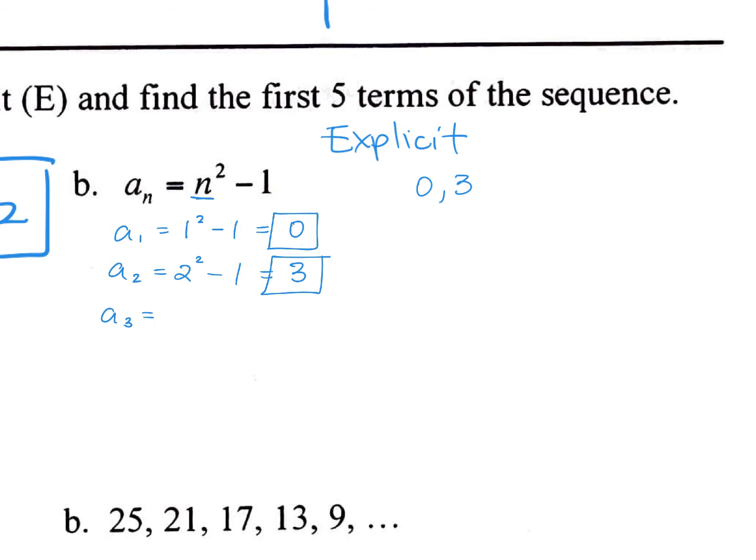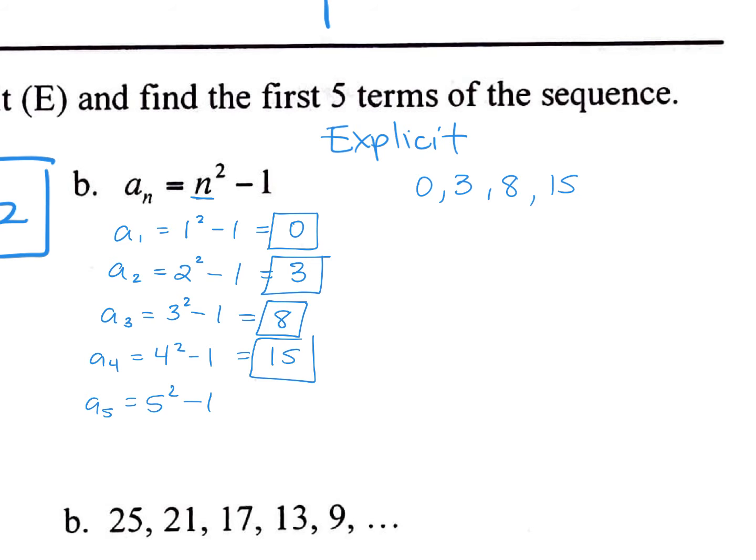A sub 3 is what? 3 squared minus 1, which is 8. So 0, 3, 8. Your next one, a sub 4, is going to be 4 squared minus 1, so 15. And then a sub 5 is 5 squared minus 1, which is 24. Okay, so those are your first 5 terms. Questions on that?